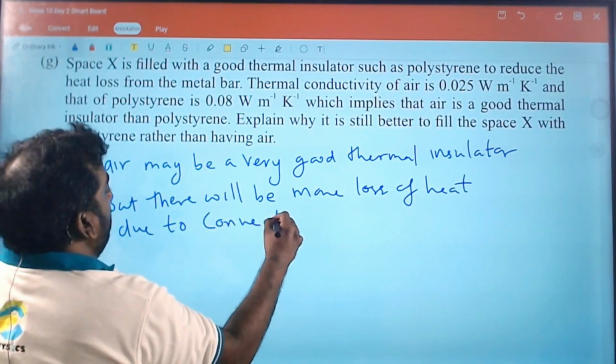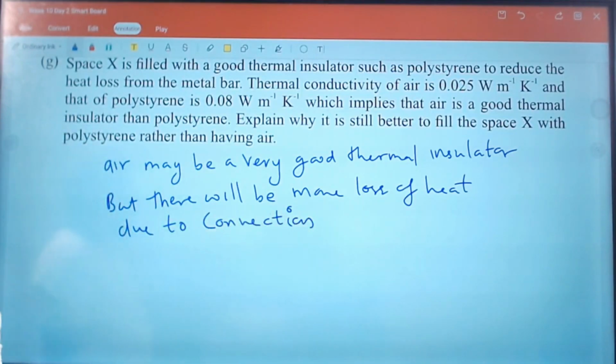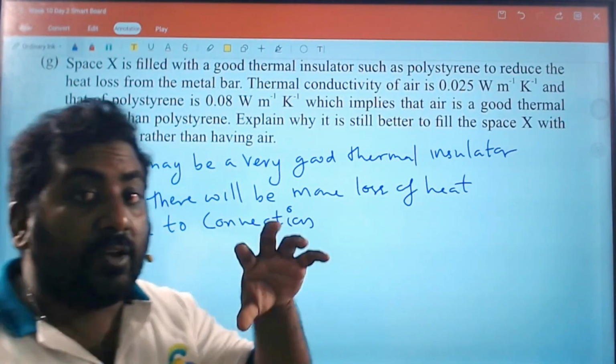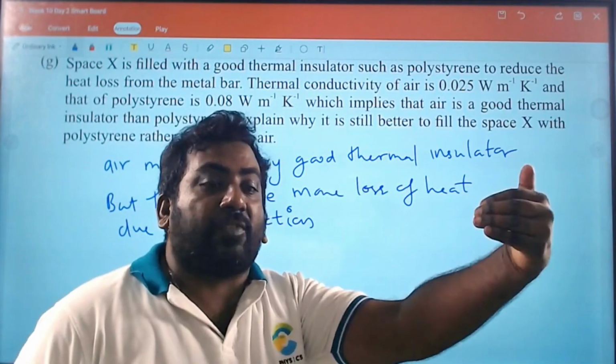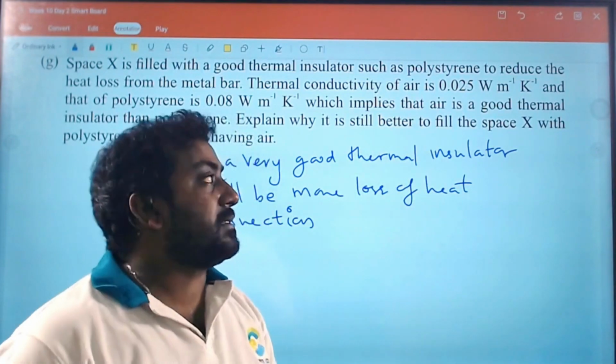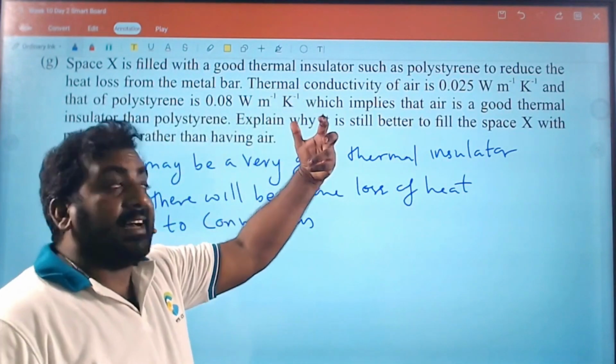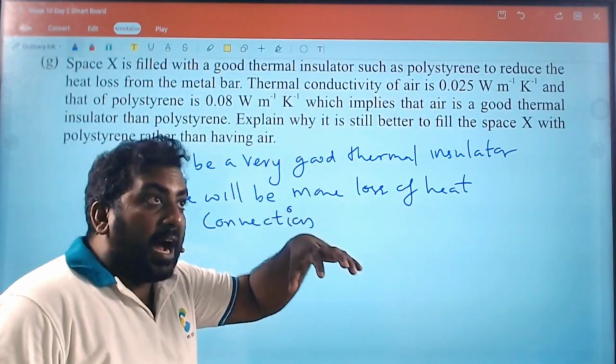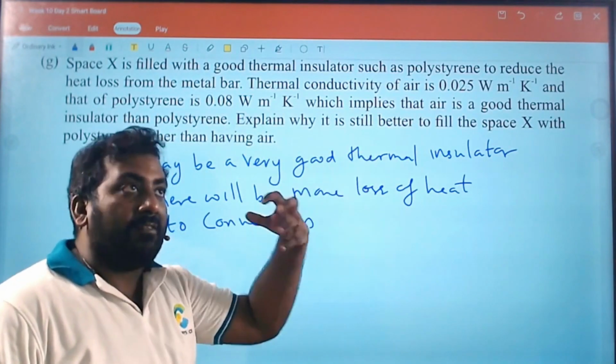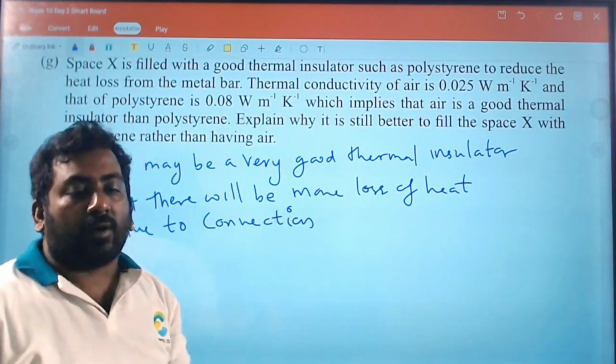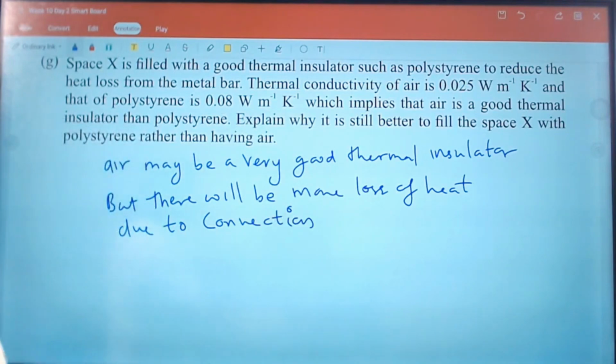So why don't I use it? If I use it, there will be more loss of heat due to convection taking place. So remember, in this particular problem, we can't use air or any liquid. Why? There is more heat loss due to convection taking place.